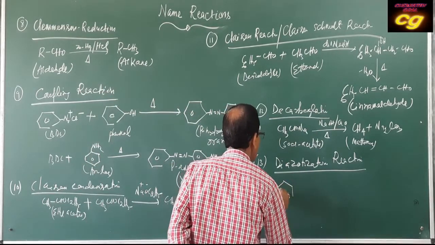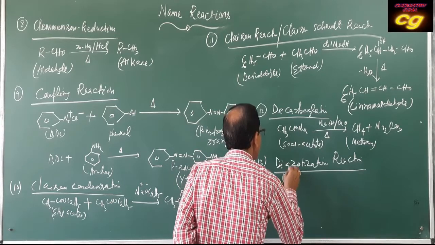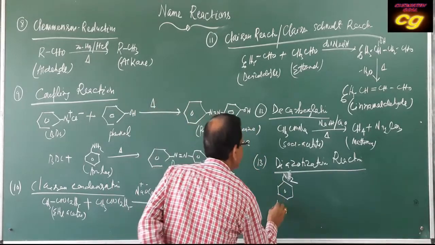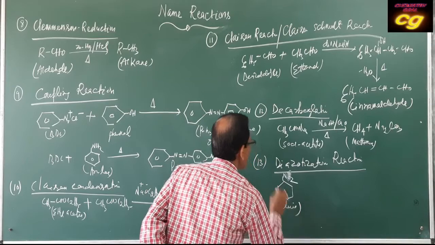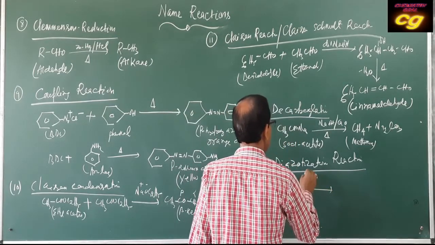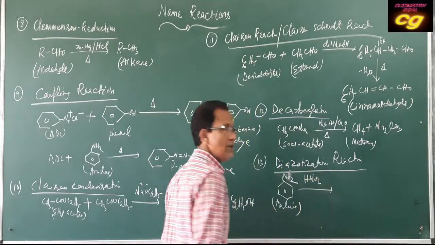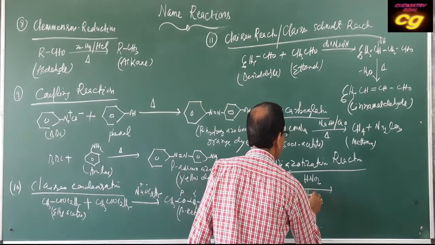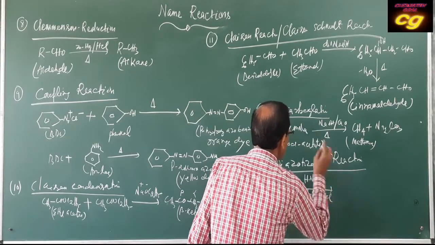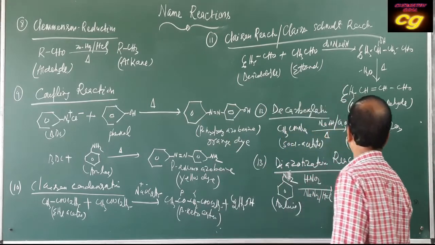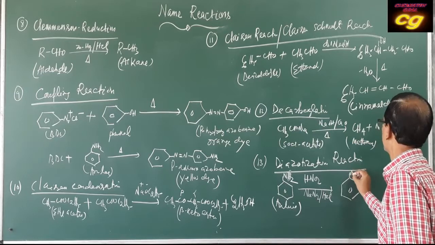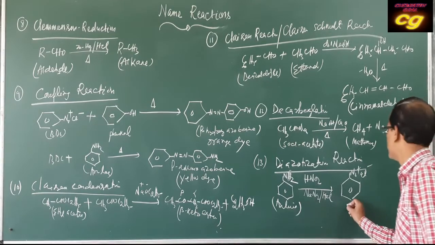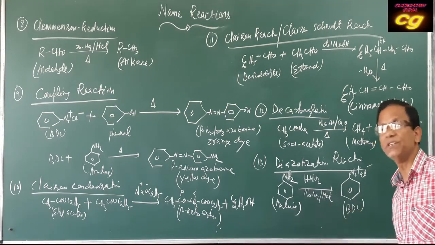Aniline, mainly aromatic amines, when reacted with HNO2 — generally HNO2 is not used because it cannot be stored — instead we use sodium nitrite and HCl, and this produces BDC, C6H5N2+ Cl minus, benzene diazonium chloride.